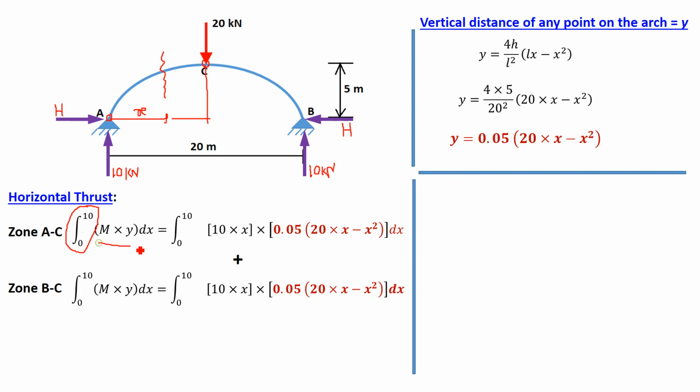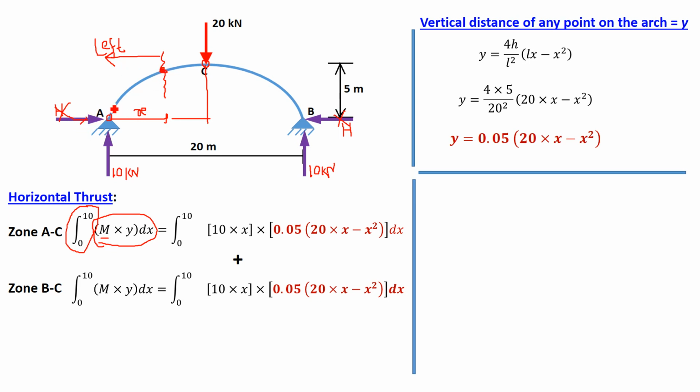Now the numerator of the horizontal thrust formula is integral of M into y dx, where M is the moment equation. Since I am considering the left zone A to C, I have to consider the left part of this section. On the left part, forget about the horizontal thrust because we are calculating it, so it is not a force here.